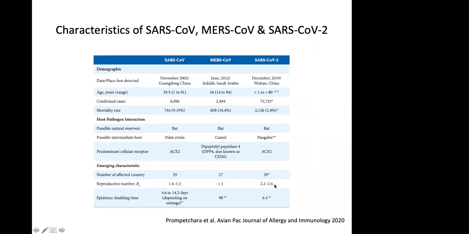So essentially, on average, each infected patient with SARS-CoV-2 is likely to transmit an infection to 2 to 3 individuals. Now, this really explains the intensive measures taken by most governments around the world for social distancing to try to drop the R0 as low as possible.